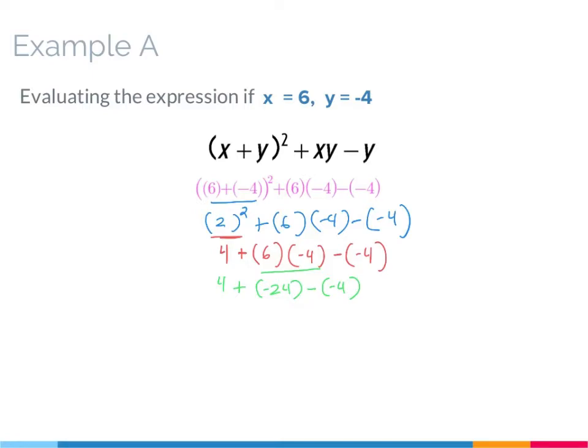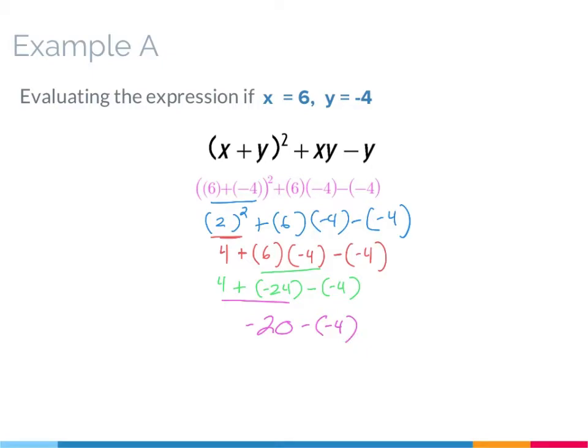And again, if I have everything on the same line as a plus and a minus, I can just type that straight in my calculator and it will work. I'm going to go one step at a time so I don't get confused, but you could type this straight in your calculator, 4 plus -24 minus -4, and as long as you type that in correctly, it will come out correctly. So 4 plus -24, when I do that, I'm going to end up with -20 and bring down my minus -4.